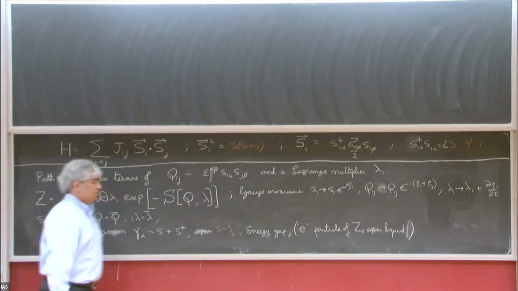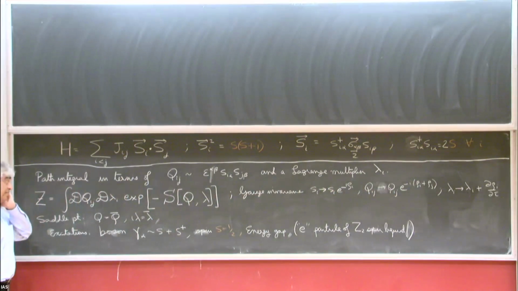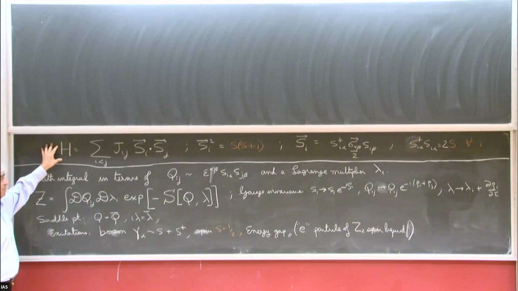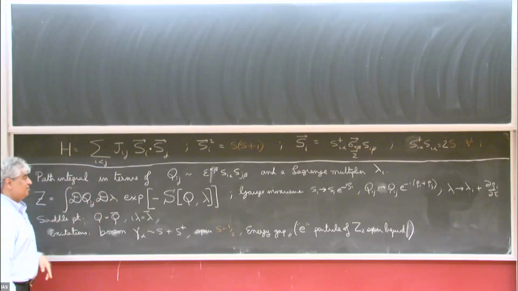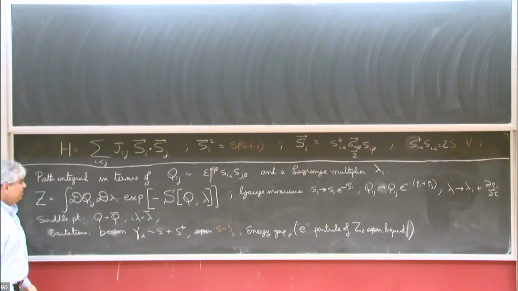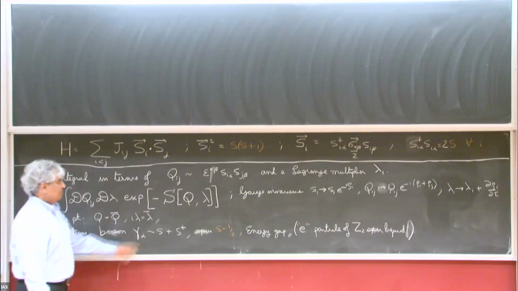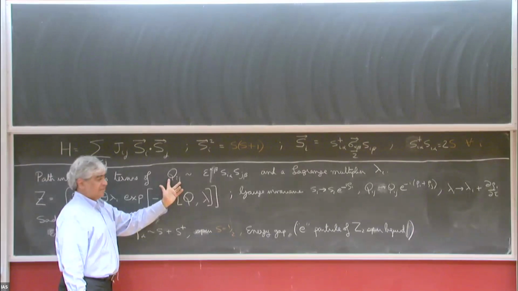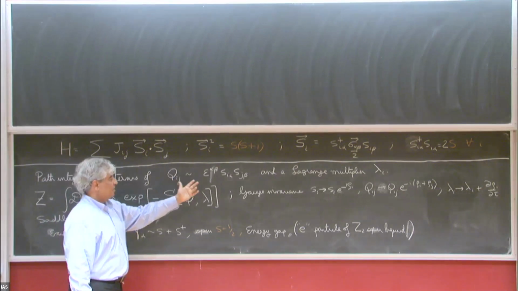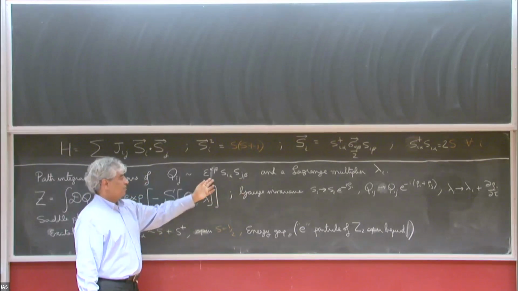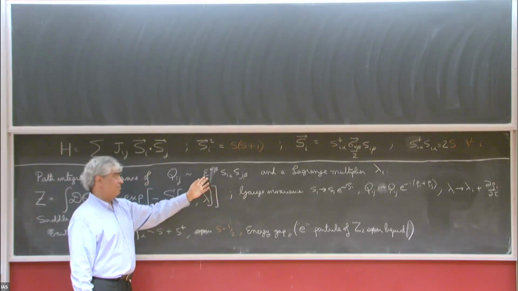And then I showed you through a series of manipulations that you could write the path integral of this problem in terms of two auxiliary fields that we're going to play with today. One is this bond field, where every bond has a Qij field, which is a complex number, which is conjugate to this particular combination of the Schwinger bosons.